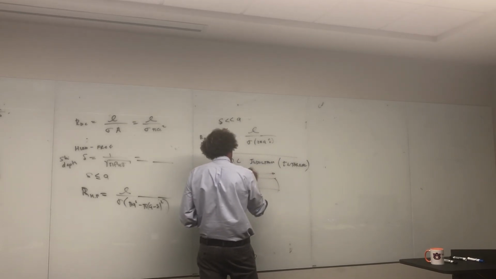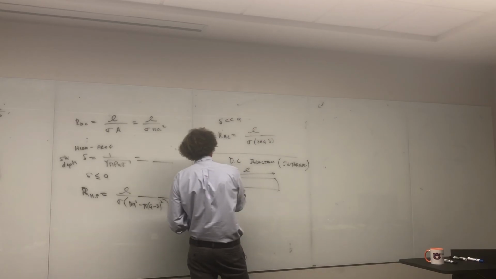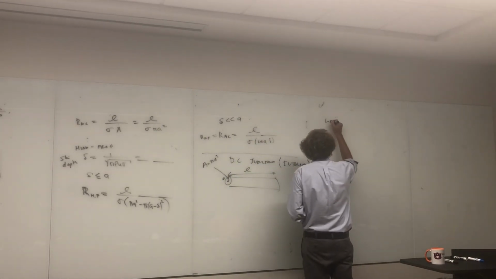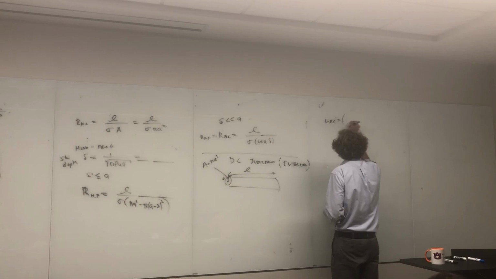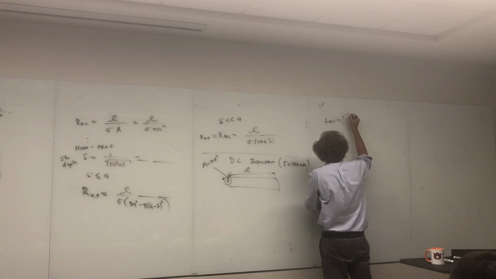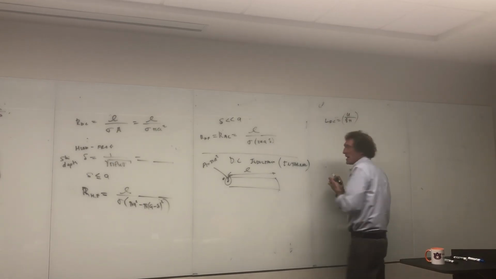It has length l, radius a, and area A equals pi a squared, same as before. And L_DC will be equal to the DC inductance per unit meter, which is just mu over 8 pi, in henries per meter.